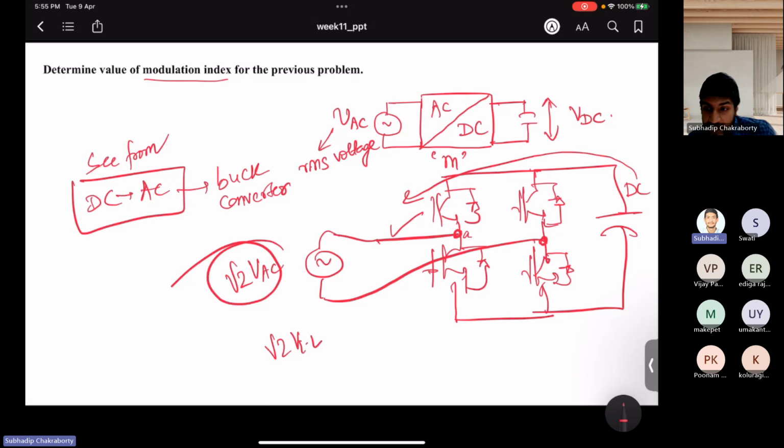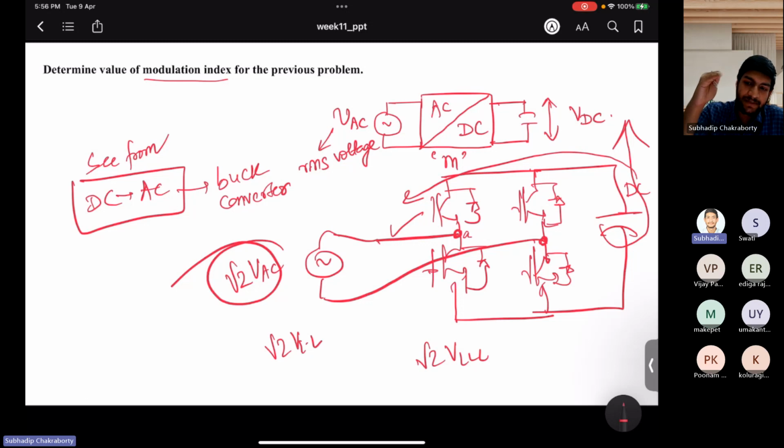It is providing a bucking action, because if you give more DC link voltage than the minimum required DC link voltage. What is the minimum required DC link voltage? Nothing but √2 V line to line, because that is the maximum amplitude of the voltage that will be formed at the AC side by two level switching, plus VDC, 0 and then minus VDC.